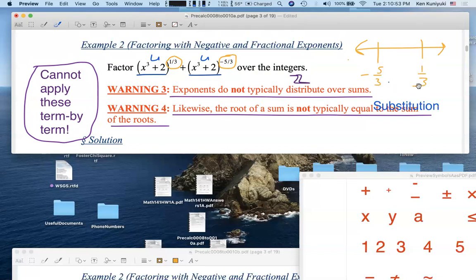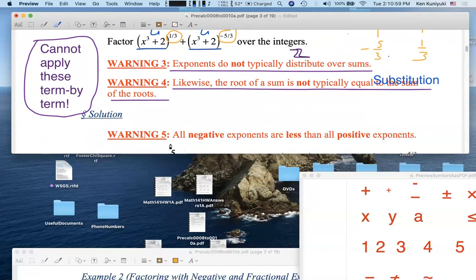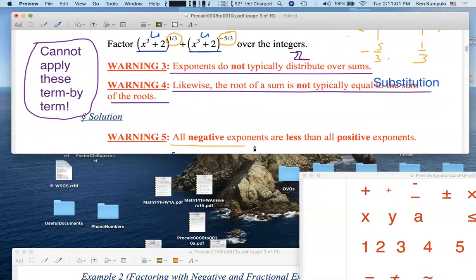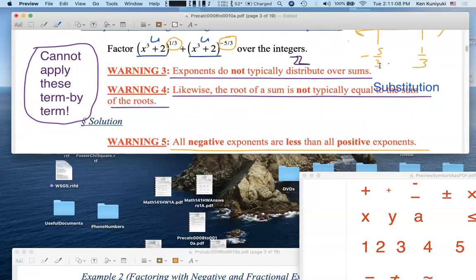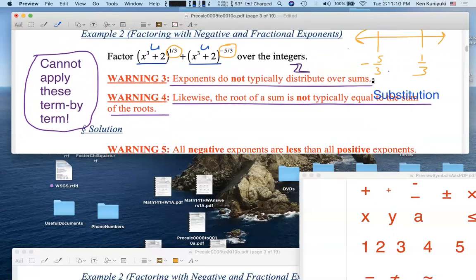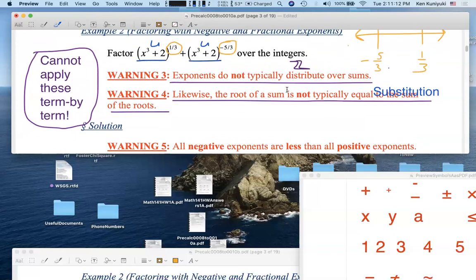Negative 5/3 is less than 1/3. Remember, negative 1,000,000 is less than 1. Warning number 5, all negative exponents are less than all positive exponents. I know the negative 5/3 looks more impressive, but it's lesser. It's to the left. It's the least exponent here. So we're going to factor out u to the negative 5/3.